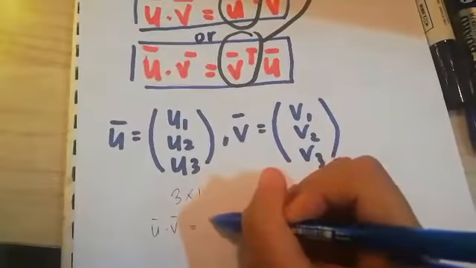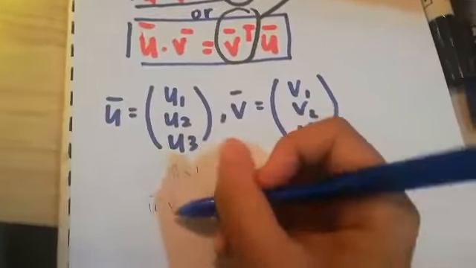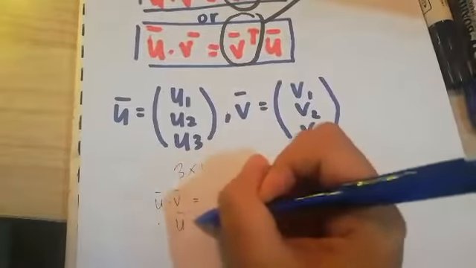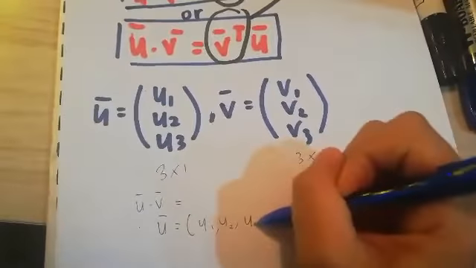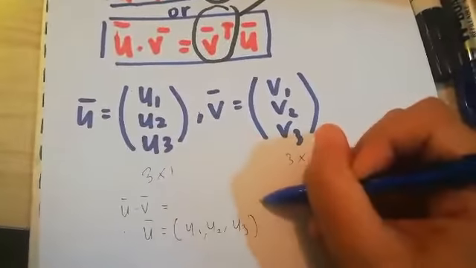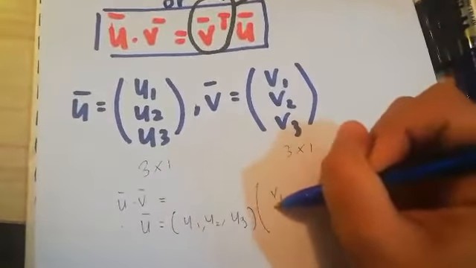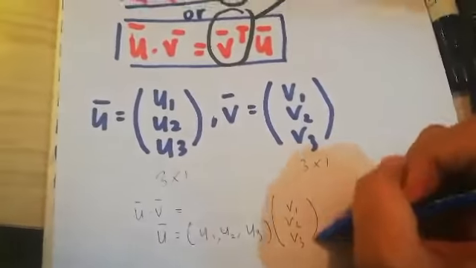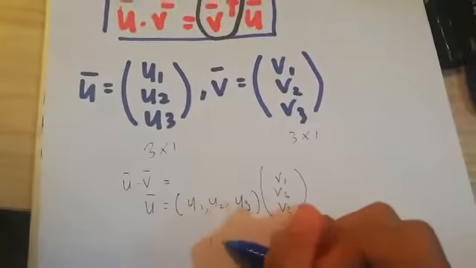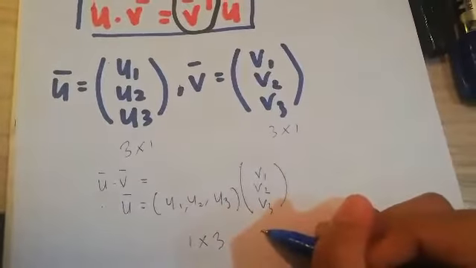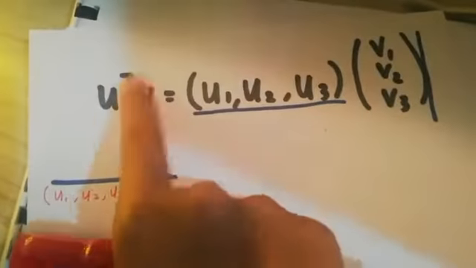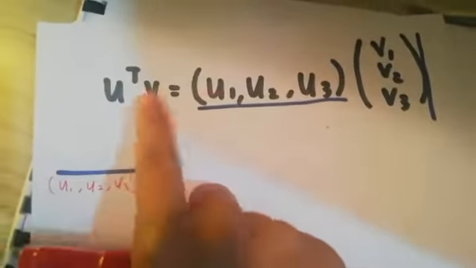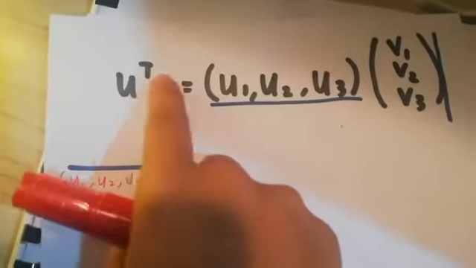So you get u equals u1, u2, u3, and you don't have to change vector v. So you see this becomes 1 times 3, and this one is 3 times 1. Okay, correction, it should be u transpose v. I wrote u dot v.